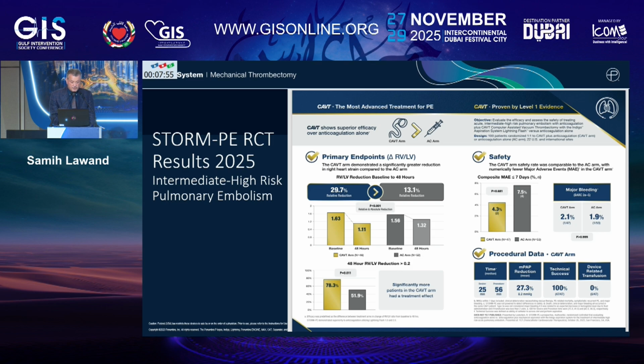This is the study STORM-PE, the first randomized trial, published at TCT 2025, and it clearly has shown primary outcome events favorable, safety outcome favorable, and procedural data favorable outcomes.